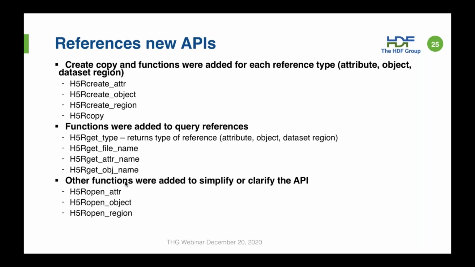Is it a reference to an attribute, object, or dataset region? Then using that type, you can query the file name where the object that it references resides. You can query the attribute name and object name. So it is a much cleaner and simpler API than we had before. And of course, we have open functions to open references for attribute, object, and region.